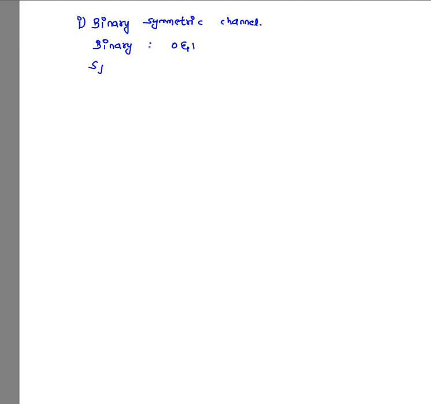Now the second word, symmetric. Here it is indicating that the probability of receiving the correct symbol, and the probability of receiving the wrong symbol, that means the probability of error.